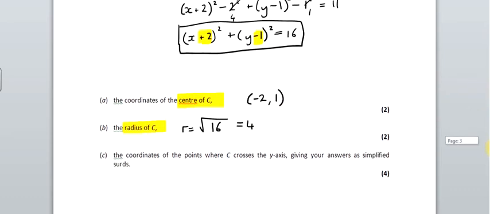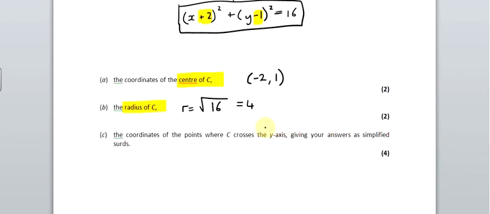Now, we're asked for the coordinates where C crosses the x-axis. So, crosses the, sorry, the y-axis, that is telling us that x equals 0. Because when you're on the y-axis, that is the line x equals 0.